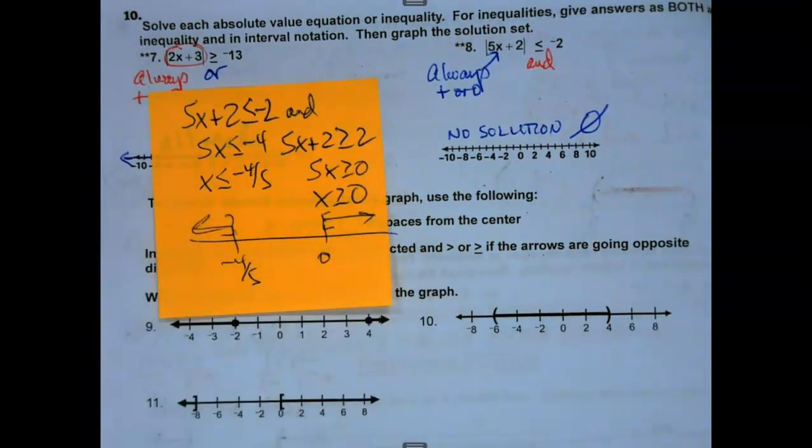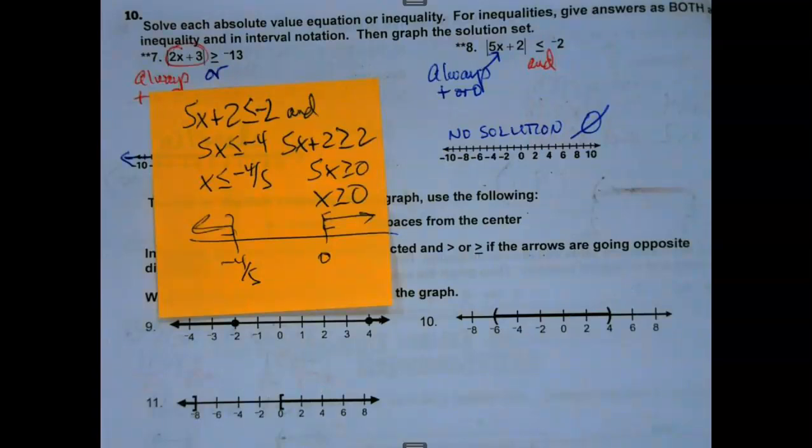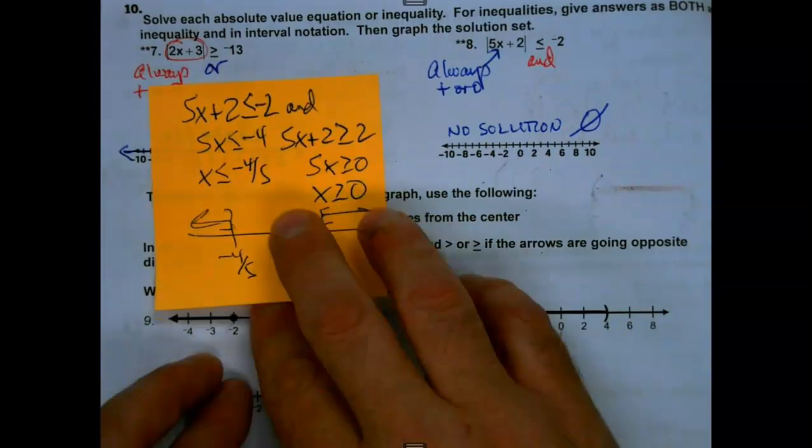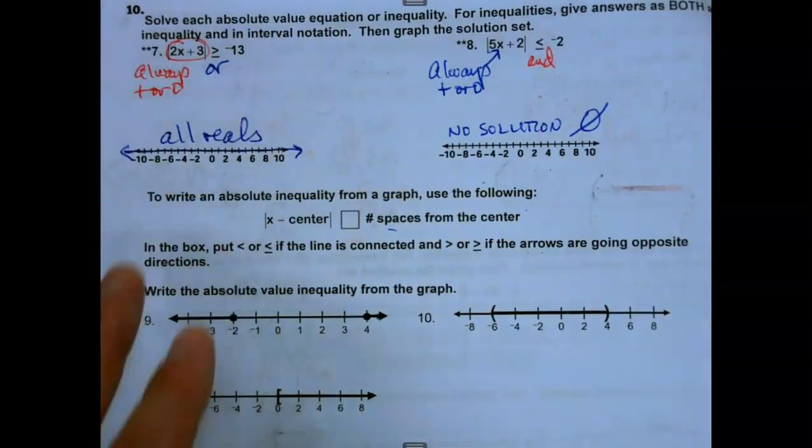What do those two graphs have in common? Nada. Nothing. 0, zilch. And so that's what ends up happening here. We end up without having a solution of any type. And that's a little yucky. That's the one thing we've got to watch for when it comes to those.